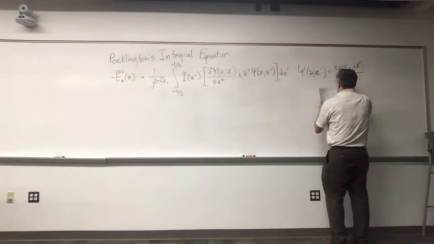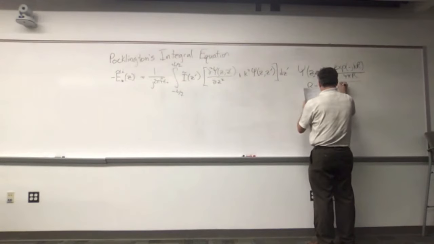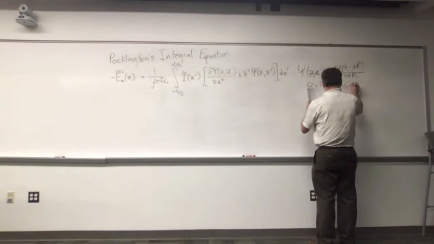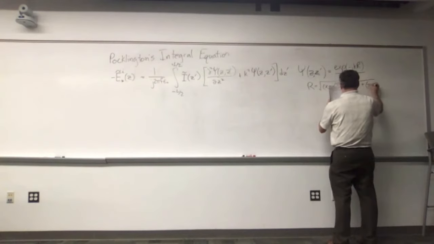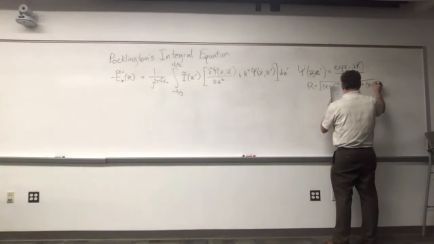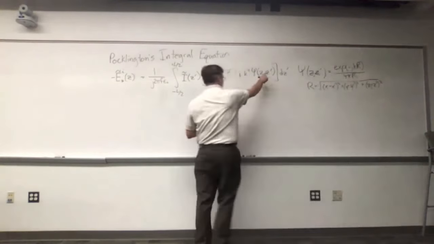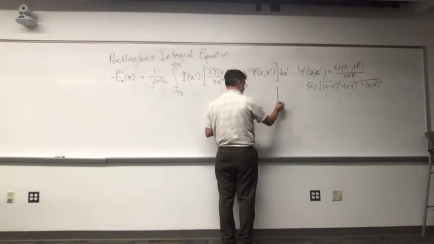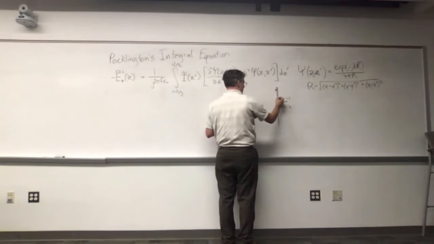In a graduate class, we would spend a couple days deriving this result, but we're not going to do that here. When we talk about z and z prime, what we're really doing here is, let's say we have a z-directed wire, and there are currents on it.